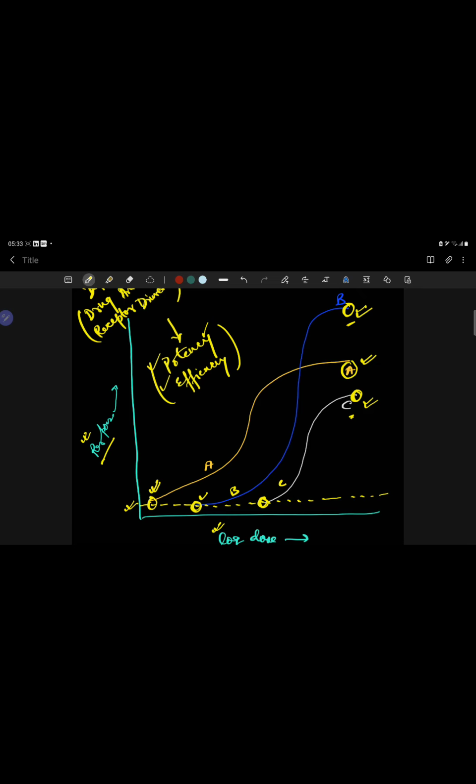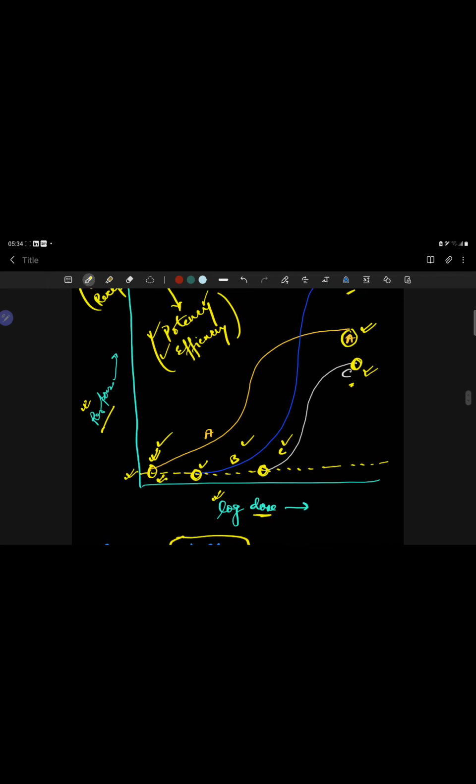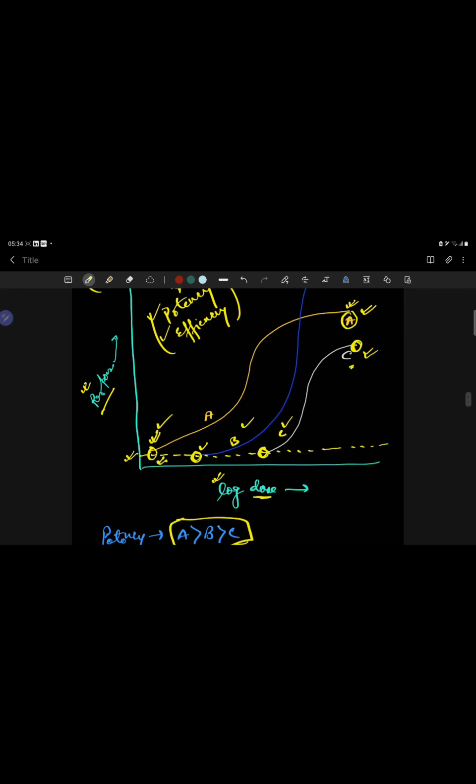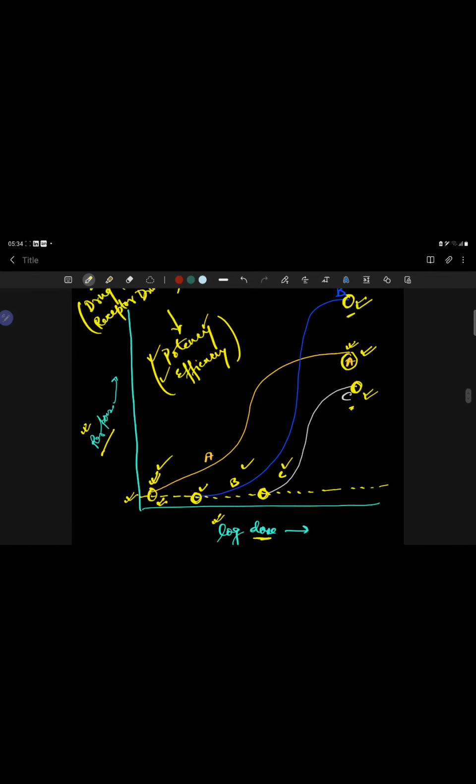Potency means they are showing the same response at a very, very low dose. So if we compare potency, then A will be more than B, then more than C. Why? Because A shows nearly the same response at a very low dose of the drug. Then after that there is B, and then there is C. So that is the potency.